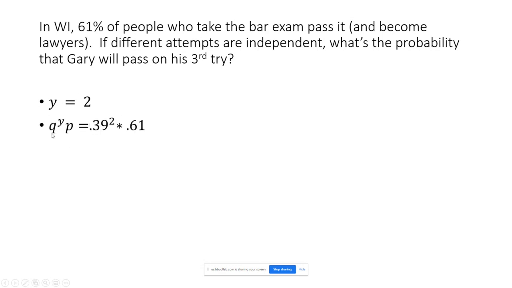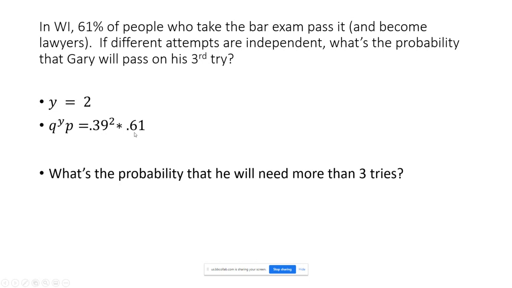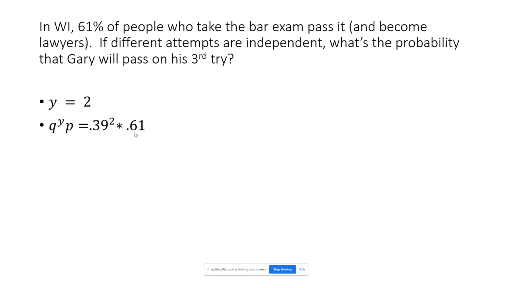So we have q to the y, which is 0.39 squared, times p, which is 0.61. Oops, I actually didn't write down what that is. Is that 0.09? 0.092781. Cool, that's what I got as well. Excellent.